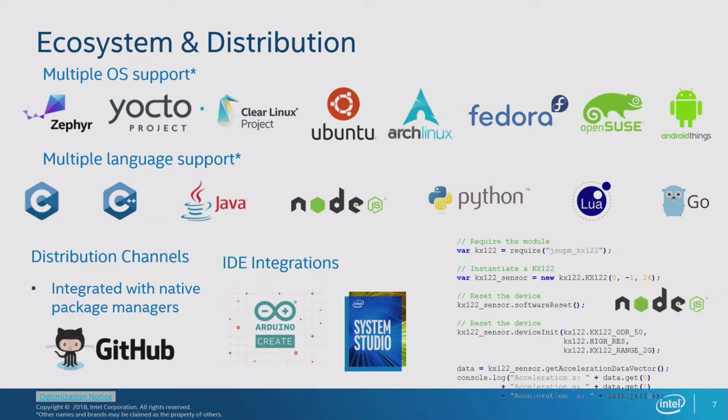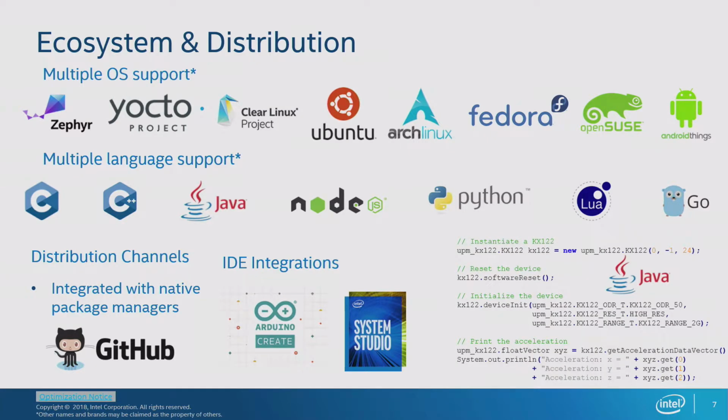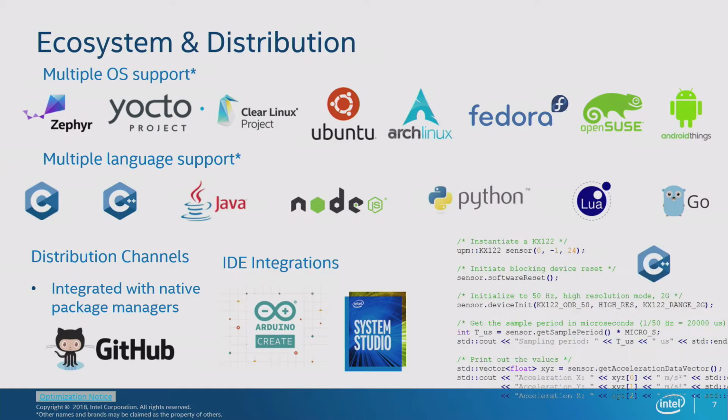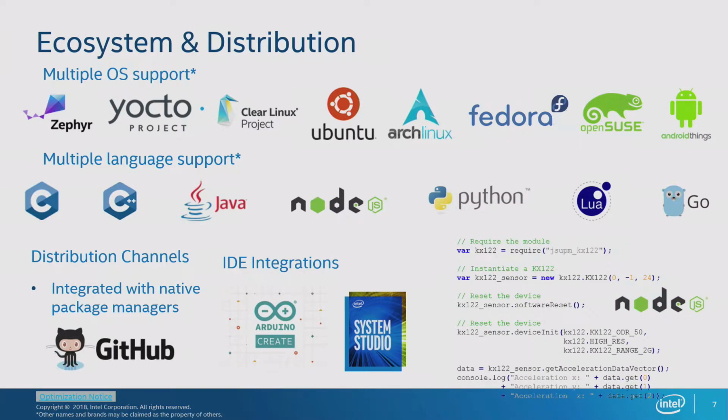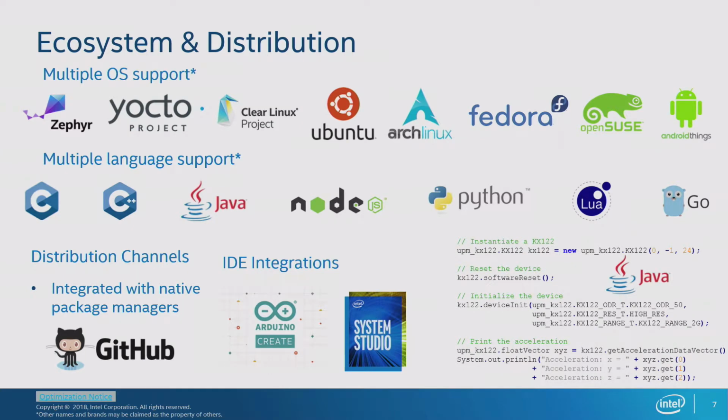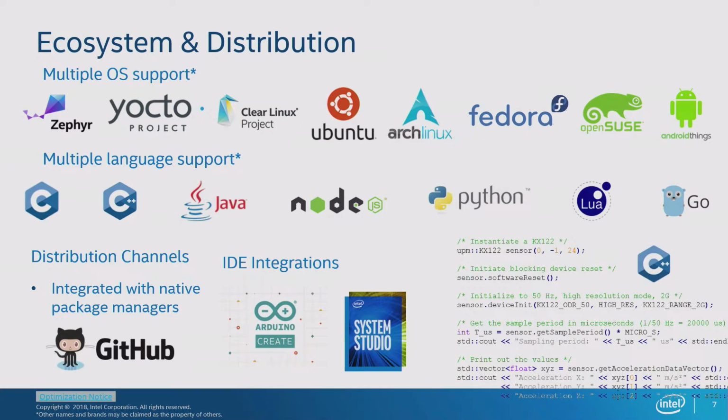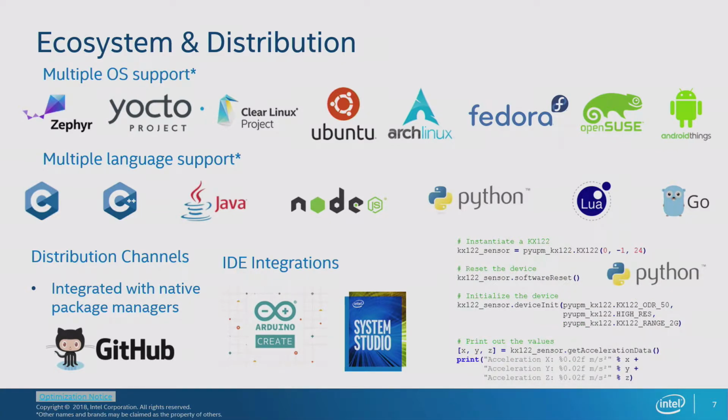On Ubuntu, you can just do apt install MRAA, and that's it. You get the library. Apt install UPM, and you get the 400 plus sensor libraries, and it's 100 megabytes of sensors, but you can trim them down later if you want to. When you start out and you're prototyping, you don't care as much. It's about ease of access, right?